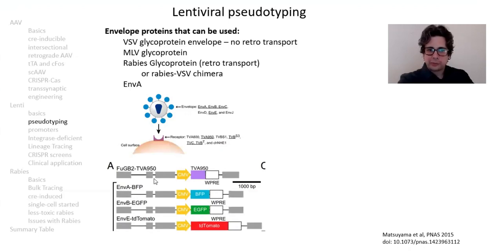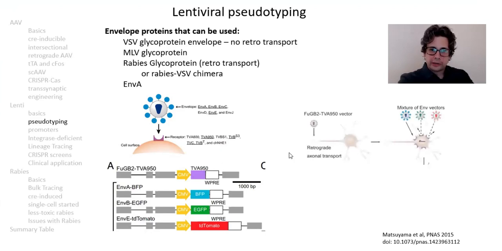And this is exemplified by the study where they have different variants, the envelope A, B, or E, expressing different fluorophores, and they inject retrogradely, so they infect the axons of this neuron with a vector expressing the TVA receptor.